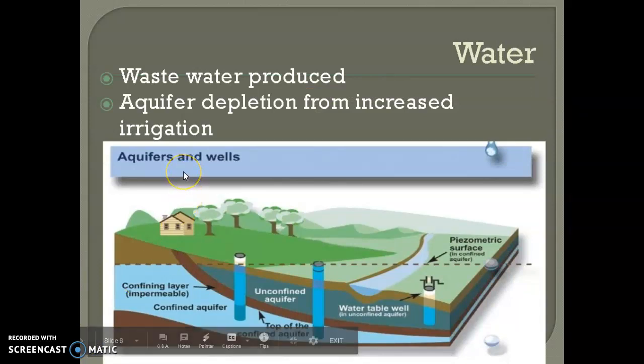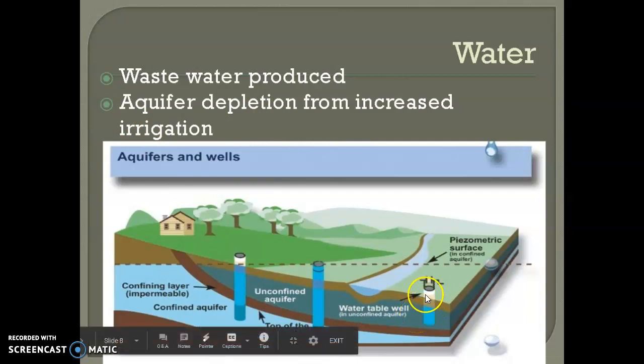Alright, as far as the water, we end up with wastewater being produced. So that's water that's got waste in it. It's not just clean, pure water, and that's what's all over the place. Our aquifer depletion from increased irrigation. So aquifers is just where water exists naturally.